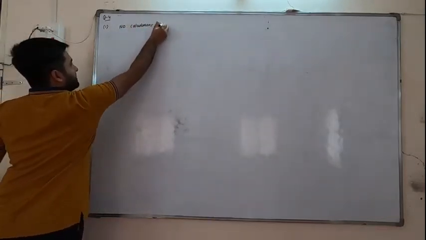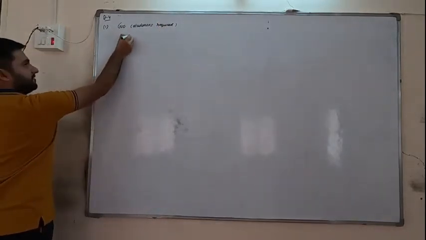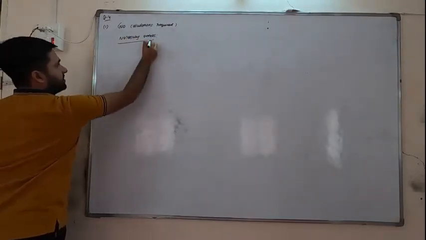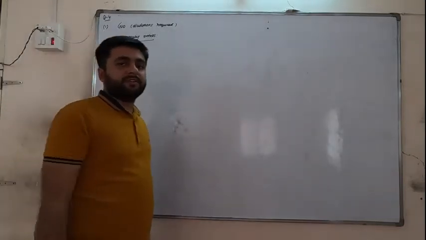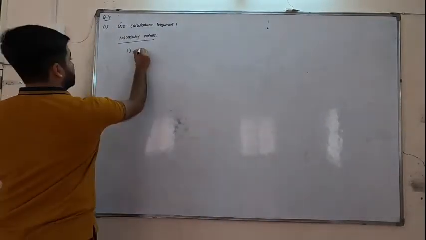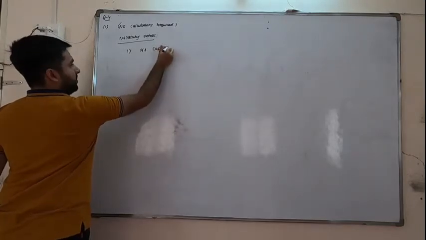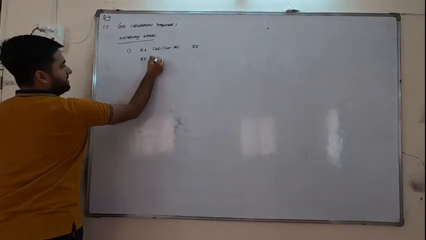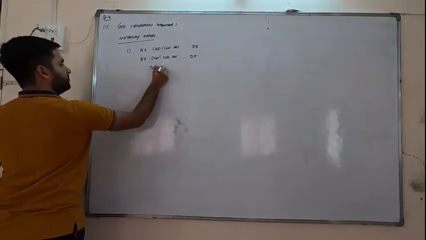No calculations are required because all are related to goodwill. Now I am giving the heading necessary entries. First entry is to be made because old goodwill is given. What is the entry for distributing the old goodwill? Old partners' capital accounts debit to goodwill account. Names of old partners are A and B. So A's capital or current account debit, B's capital or current account debit to goodwill account.